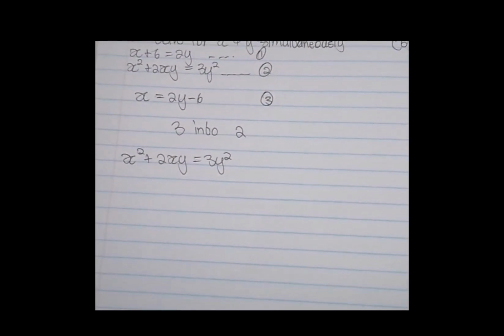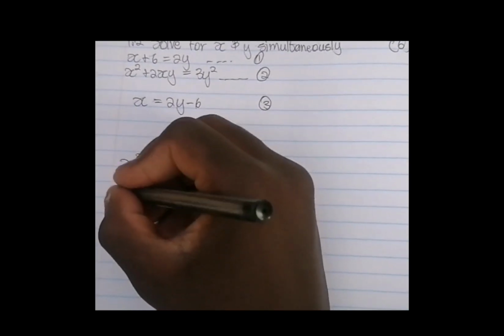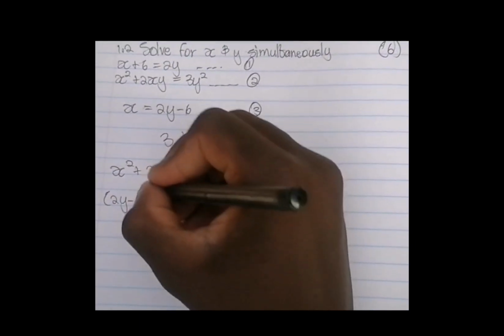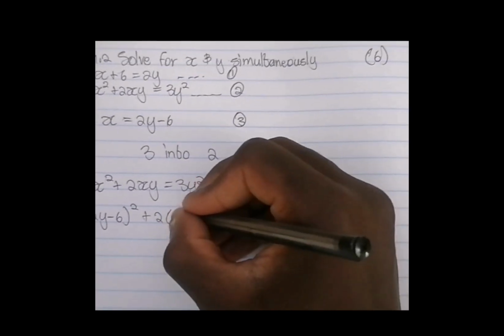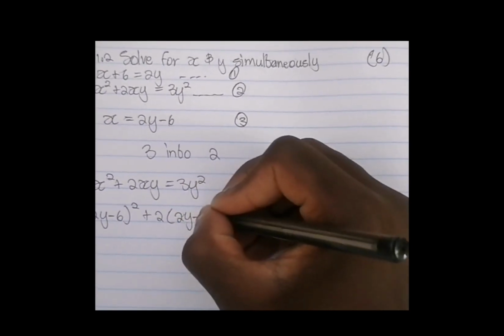Now wherever you see the value of x, you will use the third equation to replace that value of x, since you already know what x equals. So here there's an x, so instead of x, you will now say (2y minus 6) to the exponent of 2 plus 2, open another bracket, 2y minus 6.